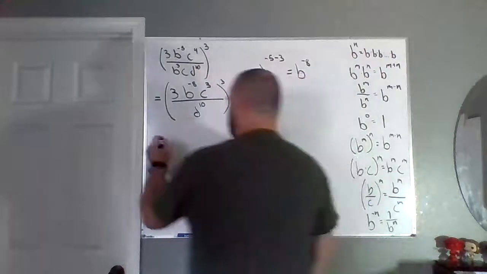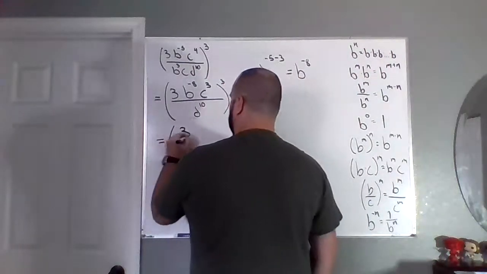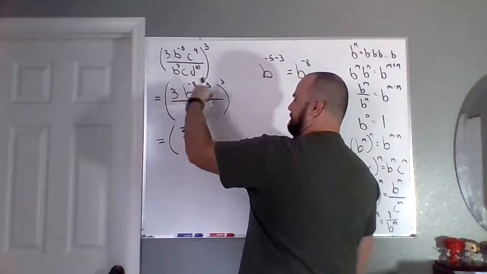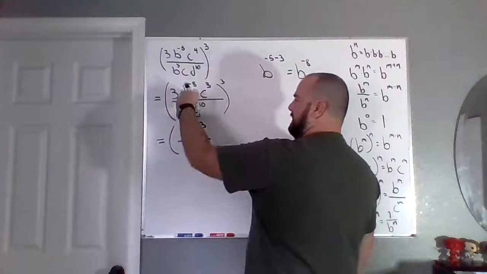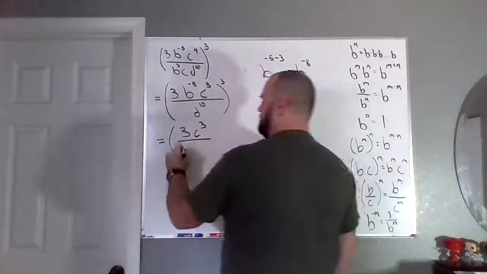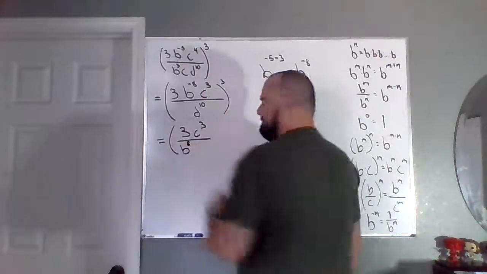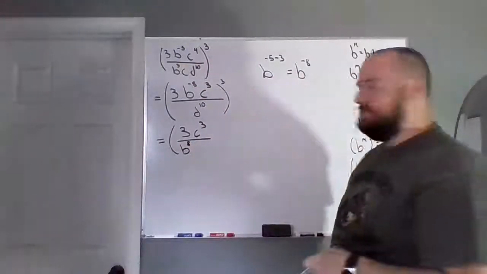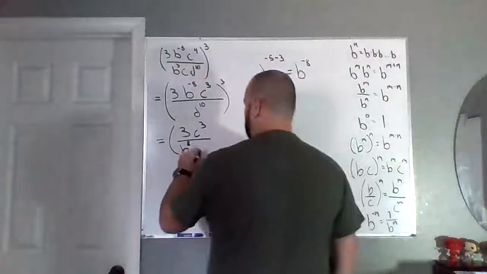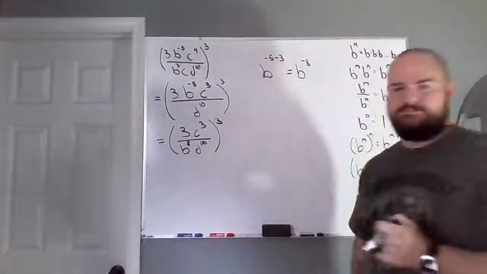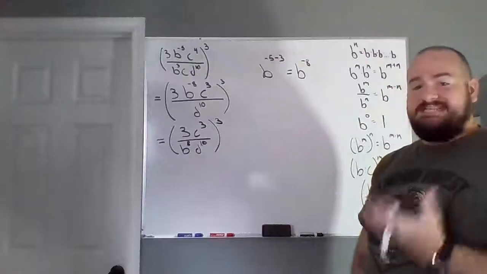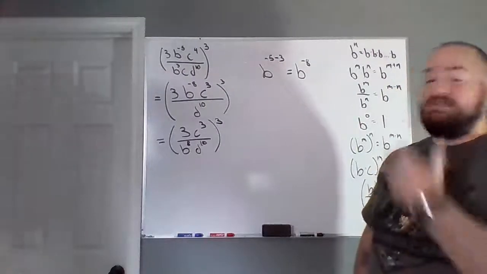And so what I end up with is 3, I no longer have a b in the top, times c cubed, divided by b, now it's not to the negative 8th because I flipped it, it's back to positive 8, and I have a d to the 10th. And this is all cubed. So now our last thing, we need to get rid of that parenthesis, that 3, so we need to distribute it.